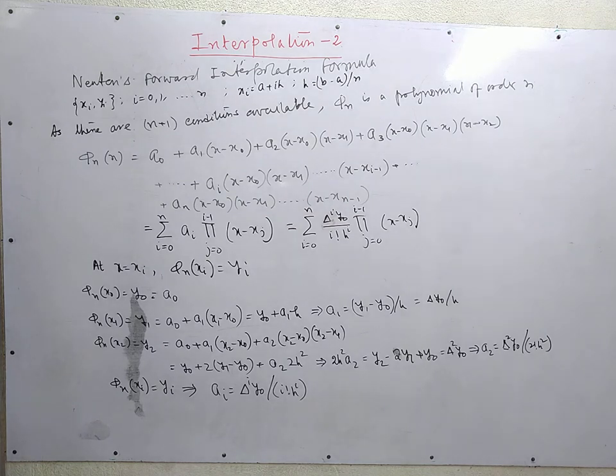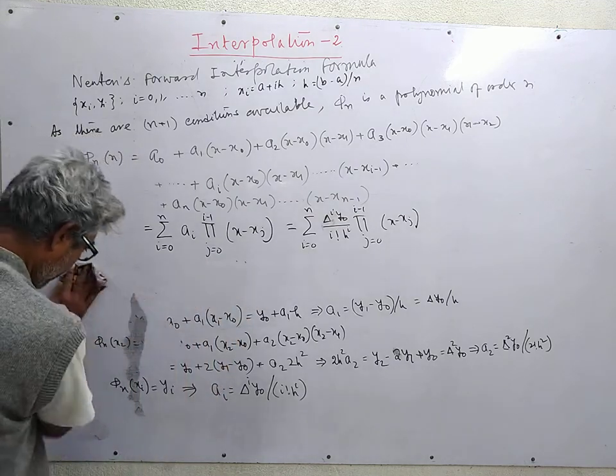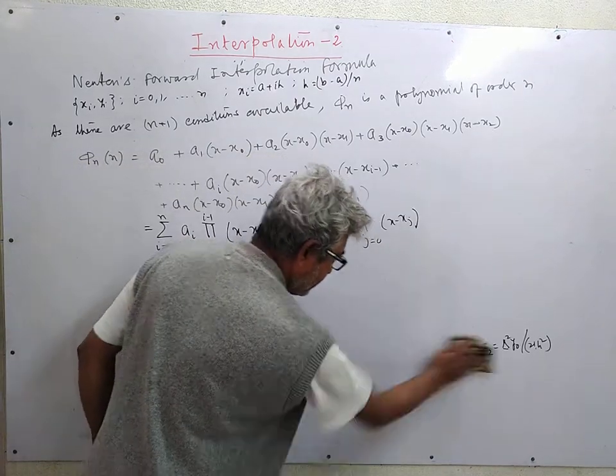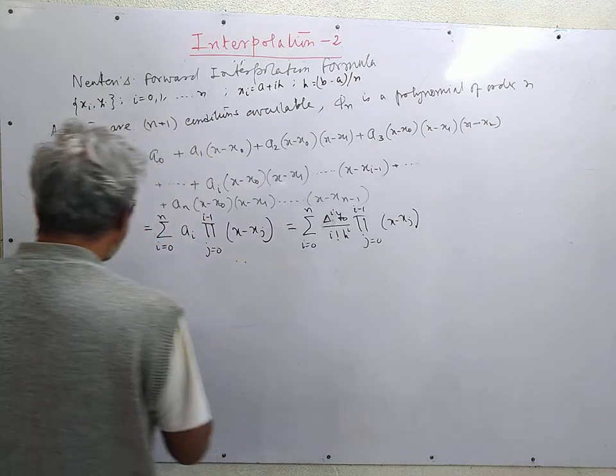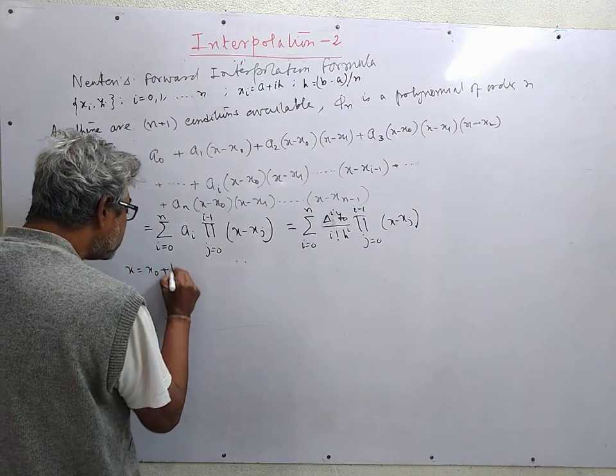And this formula, now let us consider the value of x at which we are to estimate the function. Let us consider that x is equal to x0 plus ph.